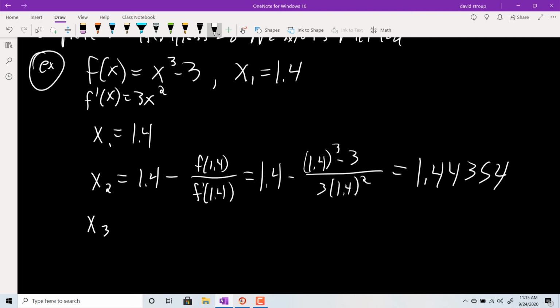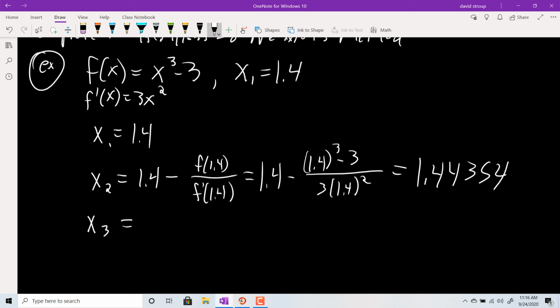For x sub 3, when I'm working with my TI calculator, it has a remember answer button. So instead of worrying about what decimal point I should approximate to, I just keep the answer in the calculator and rewrite it that way.